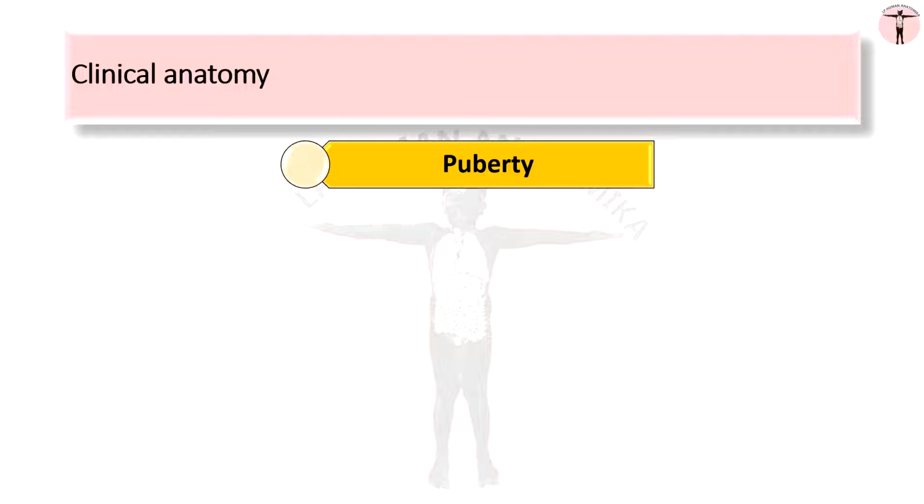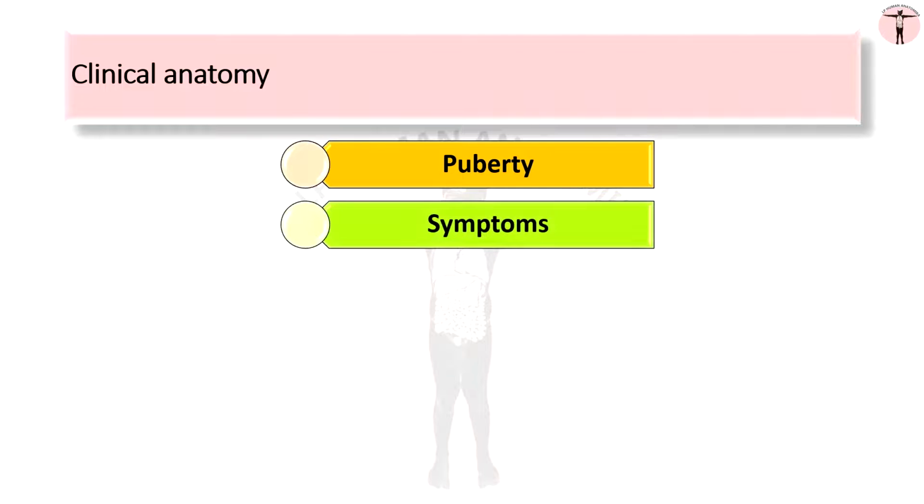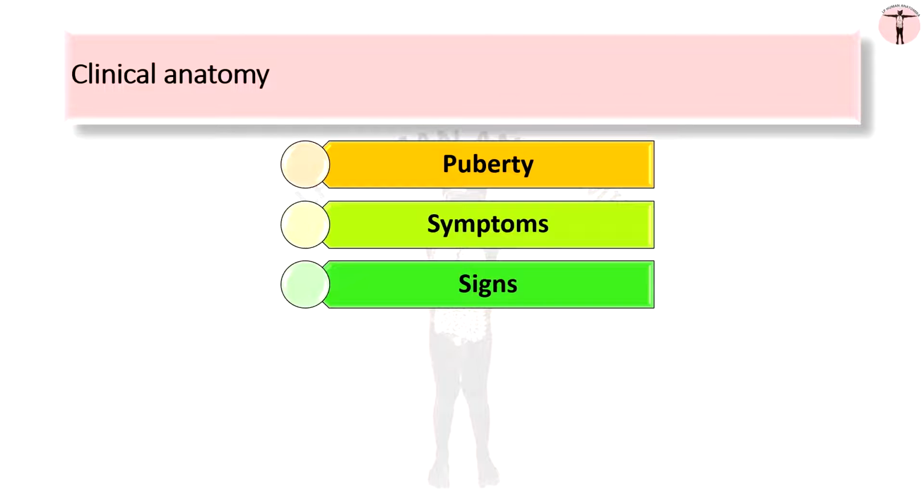The age in girls is 12 to 15 years and 13 to 16 years in boys. What do you mean by symptoms? They are subjective complaints of the patient about the disease. Signs or physical signs are objective findings of the doctor on the patient.